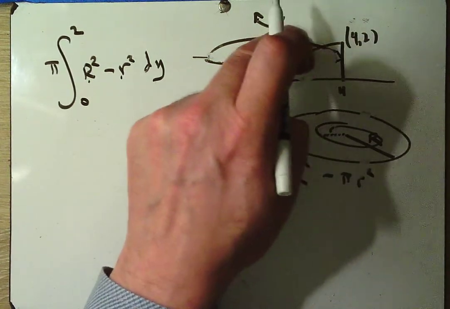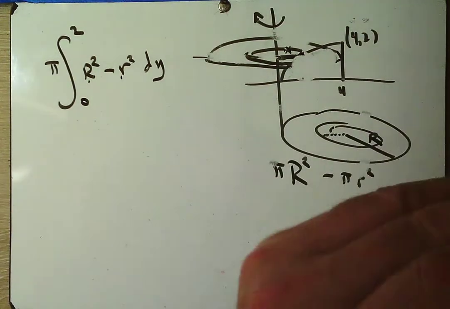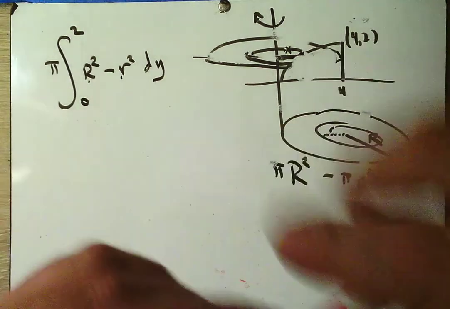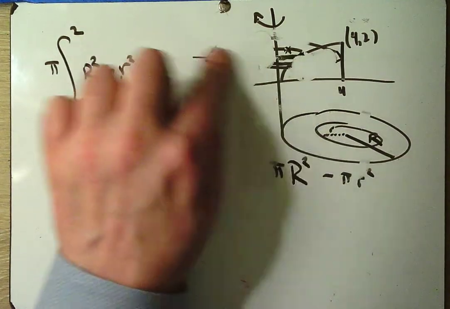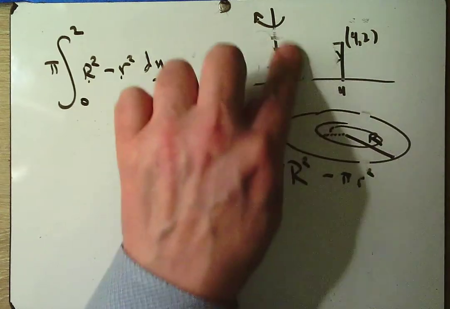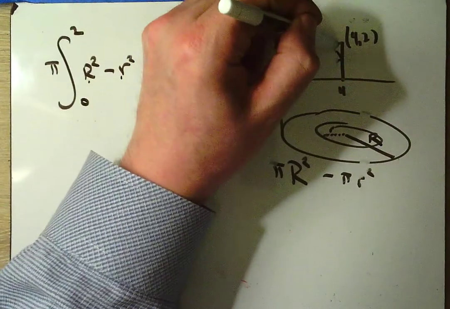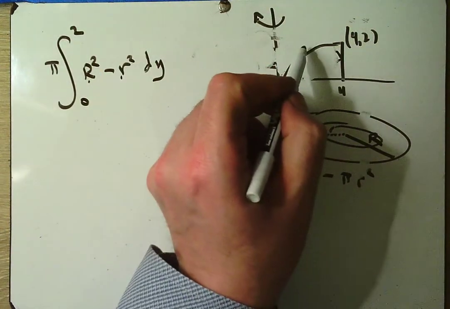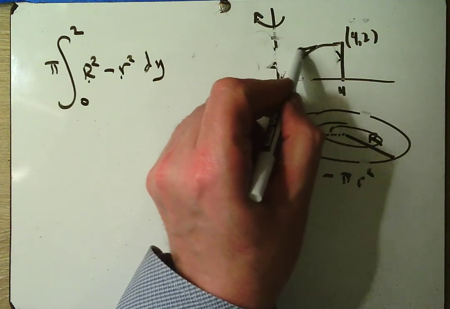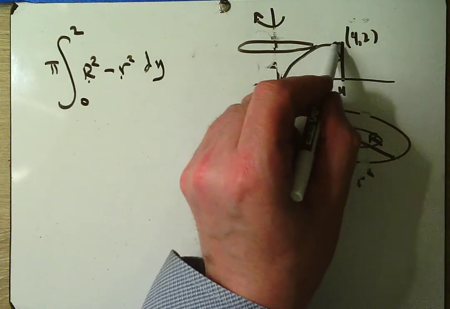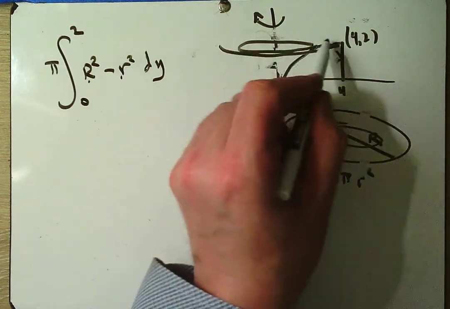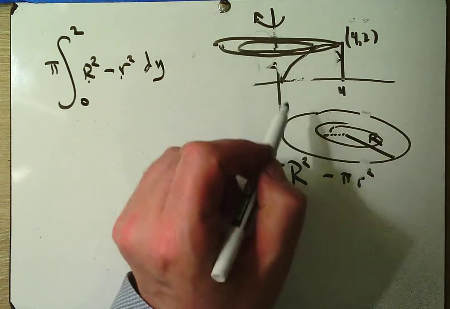If I drew a different washer, not at that place, but somewhere else, up here, for example, it would be much wider and much less material.